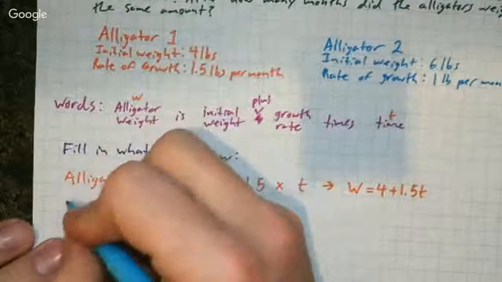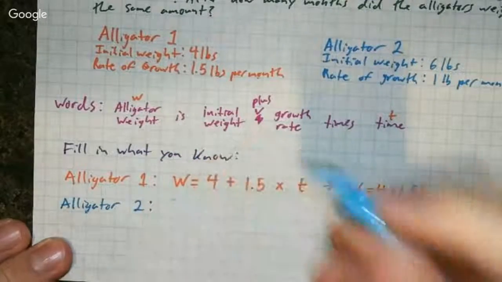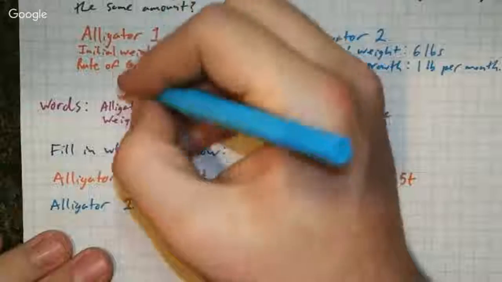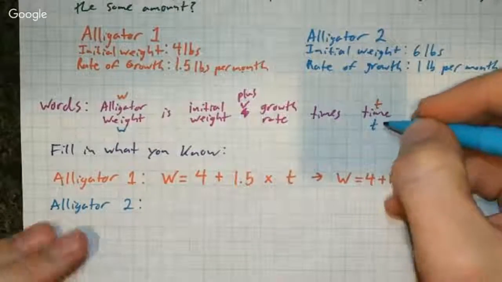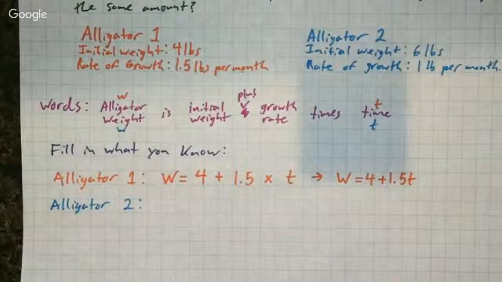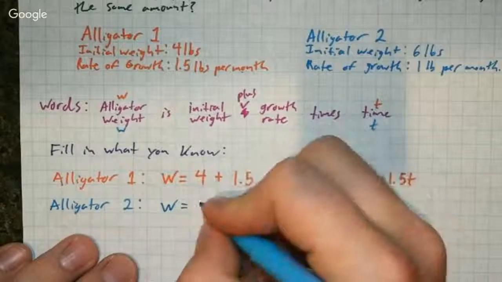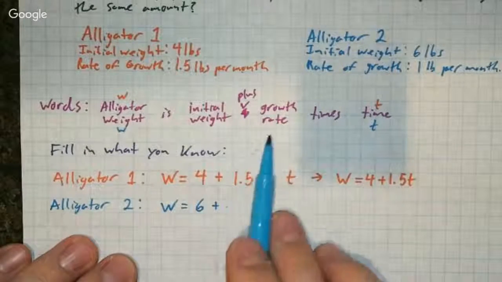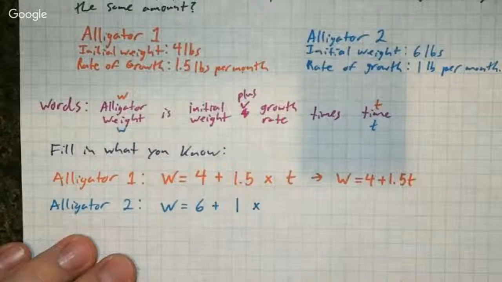Now let's go ahead and go to alligator 2. We know the same information for alligator 2, which means our alligator weight is going to be our variable as well as the time. So W equals, do we know the initial weight? Yes, we do. 6 plus the growth rate, which is 1 pound, 1 times the time.